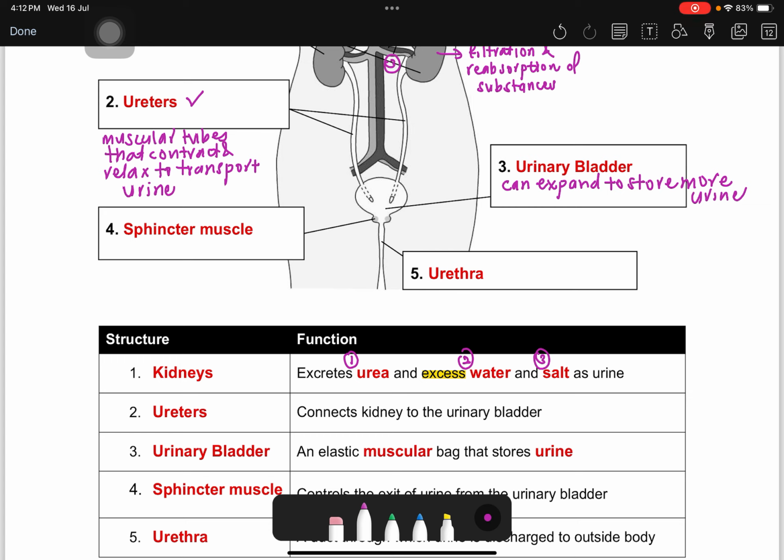Next, the sphincter muscles. I'd like you to recall, this is not the first time that we have came across the word sphincter muscle. Think about the other organs in our body and where can you find sphincter muscles through our body system.